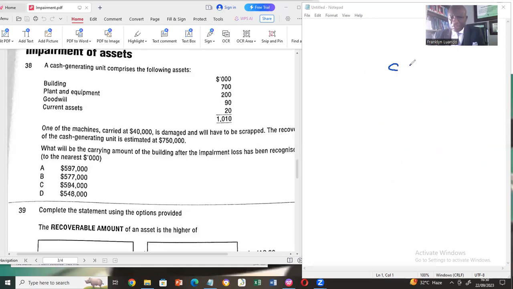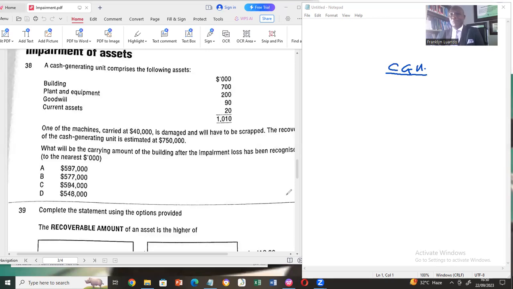Cash generating unit, abbreviation CGU, is the smallest identifiable group of assets whose cash inflows are largely independent of other cash inflows from other assets. That is the definition of a cash generating unit.